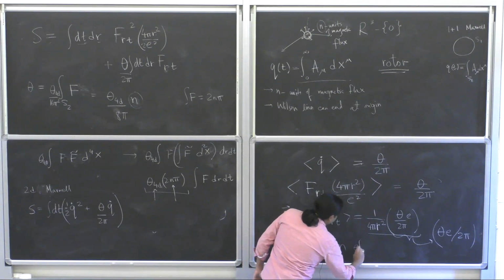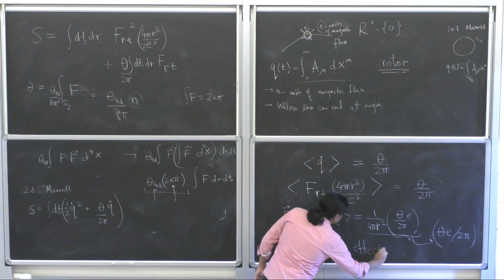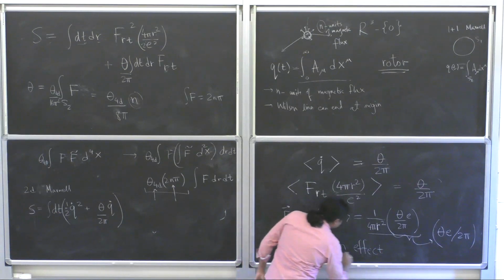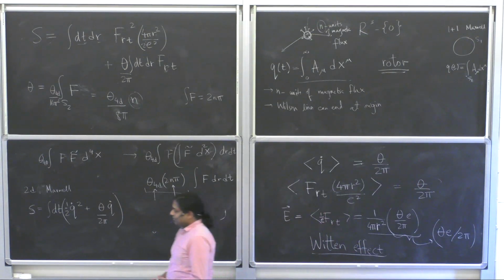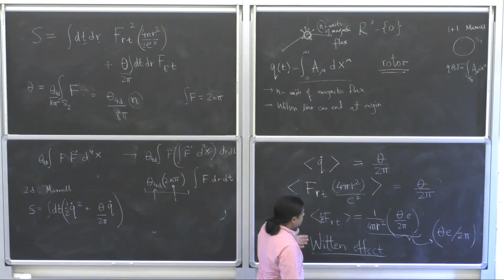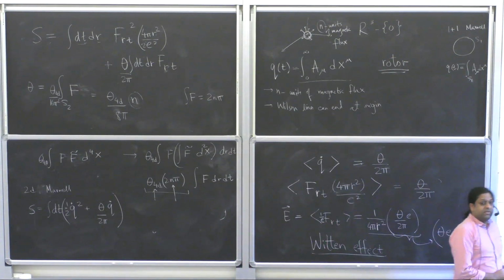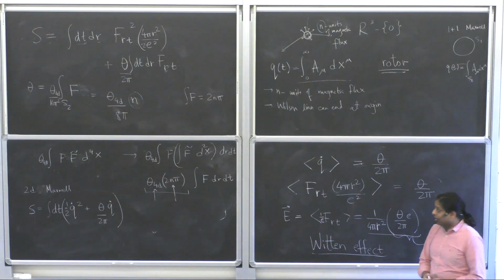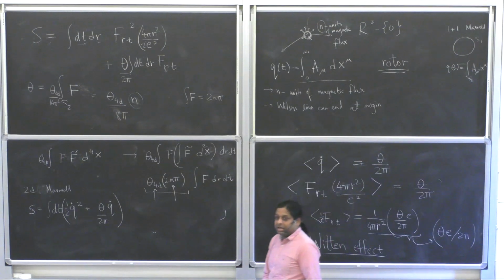The fact that magnetic monopoles pick up electric charge in the presence of a theta term is called the Witten effect, and it's a famous effect of the theta term even in abelian gauge theories.